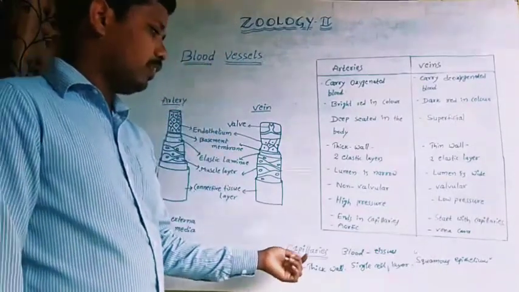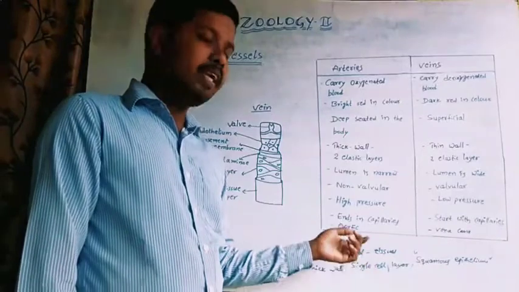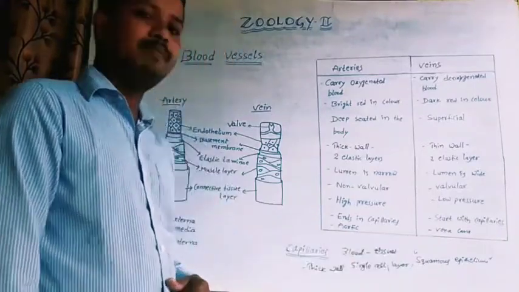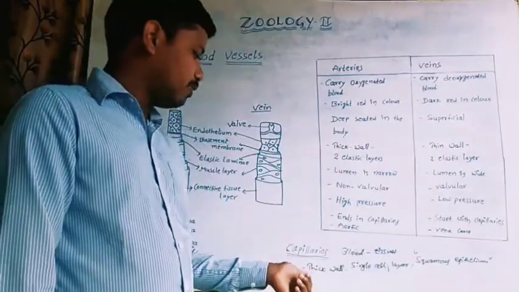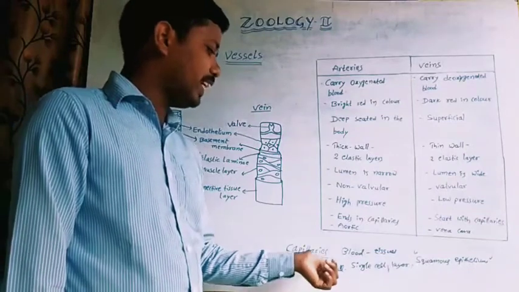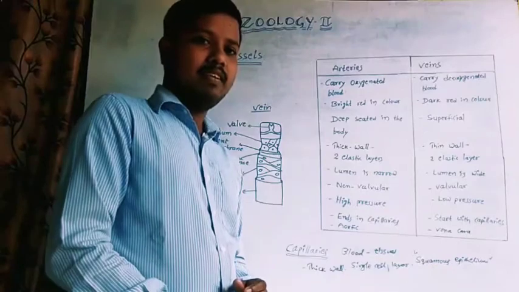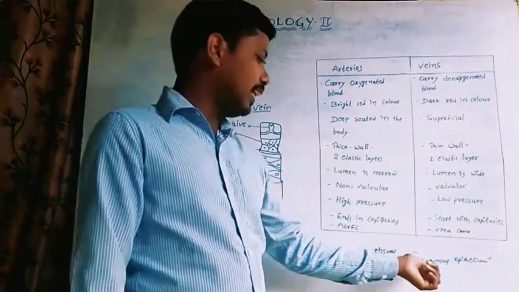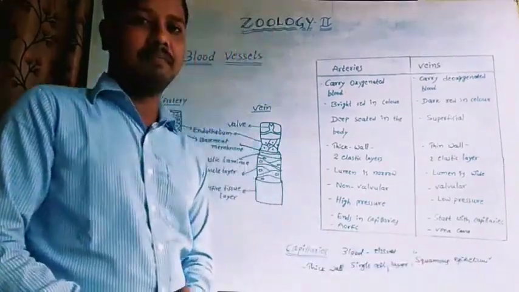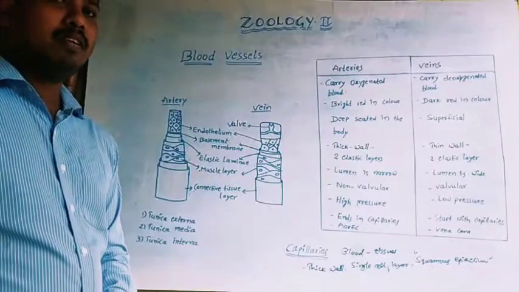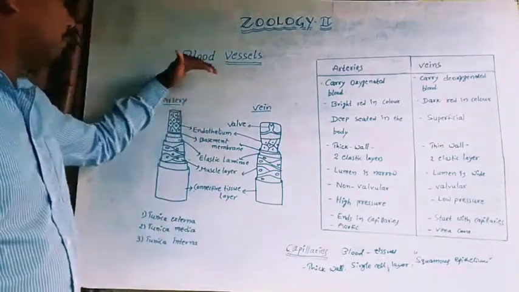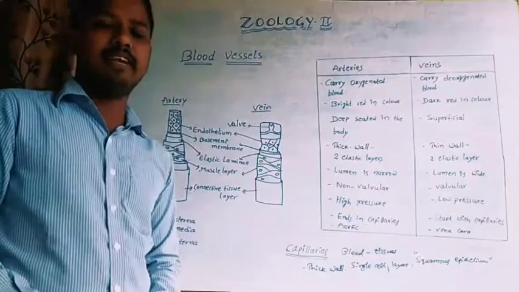They help in the exchange of materials between the blood and tissues. The capillary wall is composed of a single cell layer, which is called squamous epithelium. So this is about the blood vessels in the human circulatory system.